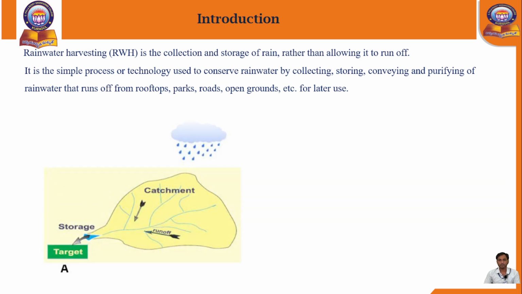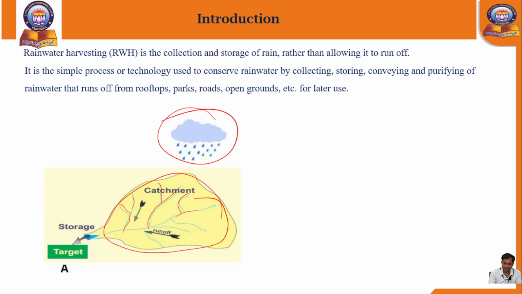After rainfall, the water comes slowly to the earth surface, travels along the paths, and is slowly stored in the catchment areas.